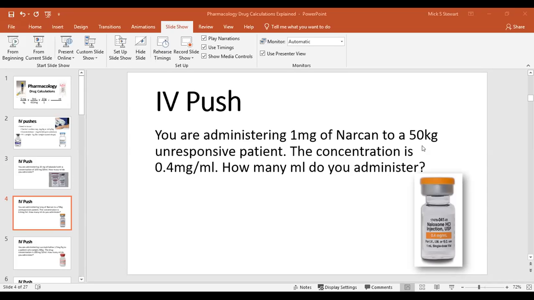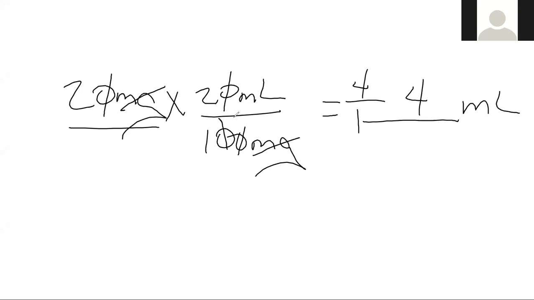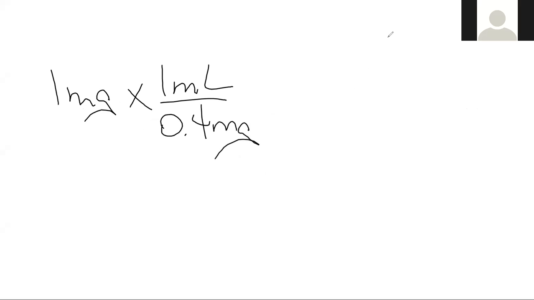So when I switch over to do my calculation, I apologize, I'm getting email pop-ins as well. Go back to my whiteboard. All right, we're going to clear this one. So I'm asked to give 1 milligram of naloxone, and my drug has a concentration of, remember I'm going to flip it up, 1 milliliter and 0.4 milligrams of drug in that 1 ml.